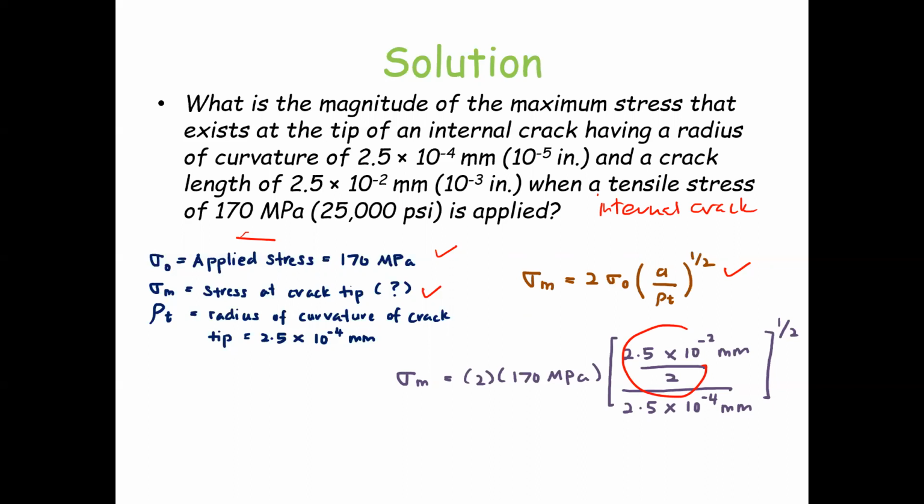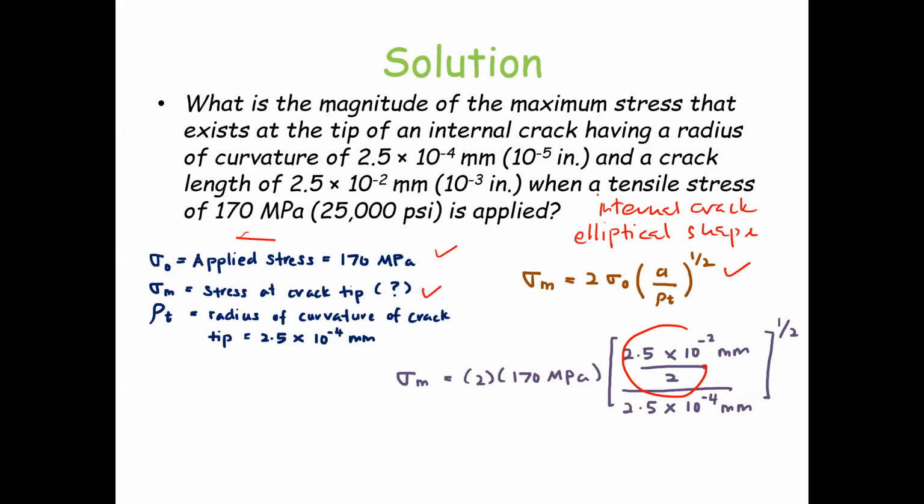And remember that the crack is assumed to have an elliptical shape. So 2.5 times 10 to the power of negative 2 divided by 2, divided by 2.5 times 10 to the power of negative 4.